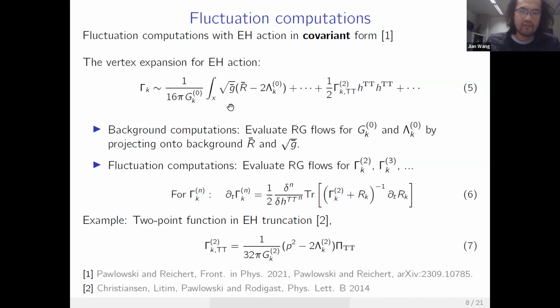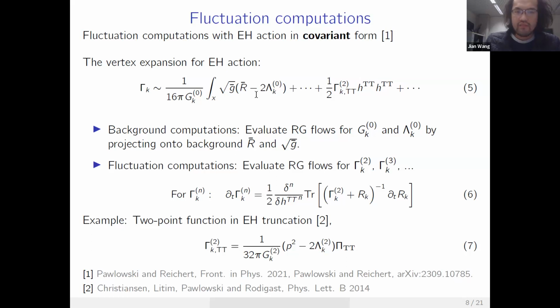For the background computation, in fact, they correspond to evaluating the RG flows for the couplings appearing in the zero order of the fluctuation.